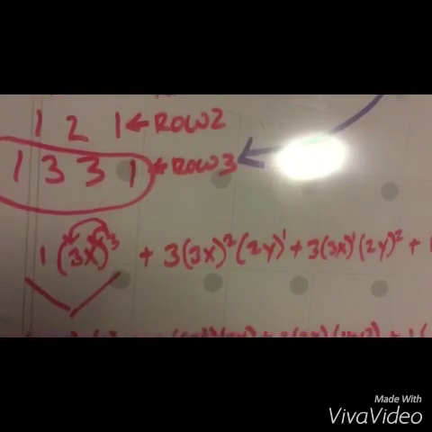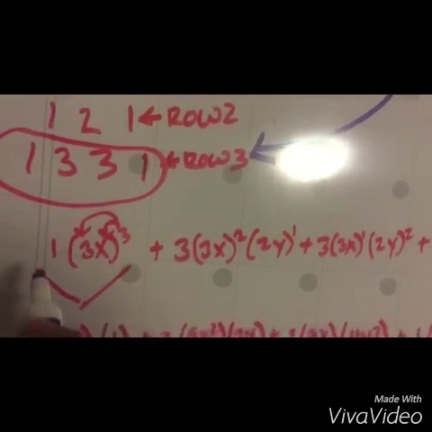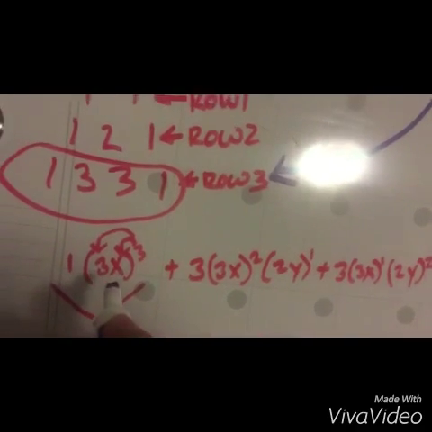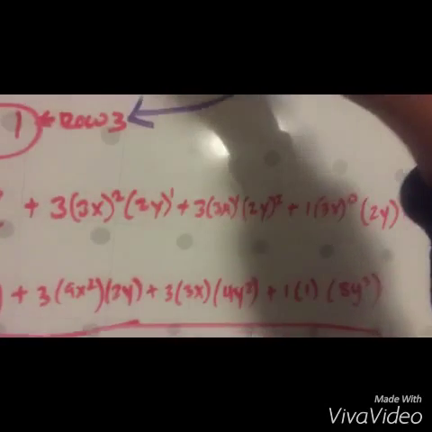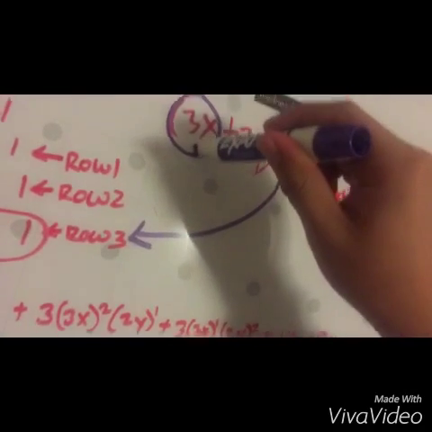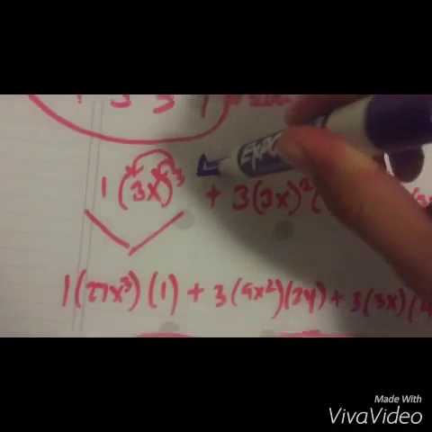So what we do is it's 1 times 3x to the third, because 3x comes from up here and it comes down here.